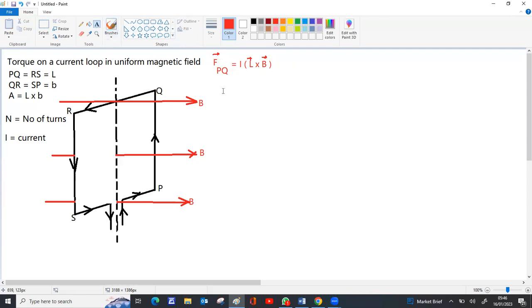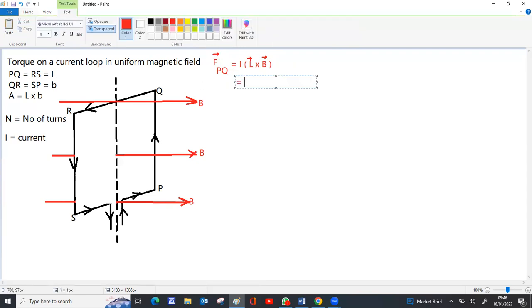To open this up, it will be I, current only, L is length here, PQ, B is B, then sine theta. Here, length is PQ upward, magnetic field is towards right, so this angle theta will be 90 degrees, sine 90. Now, to find the direction of the force, L cross B.